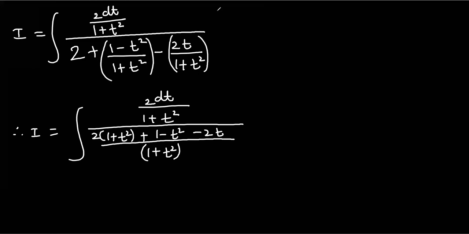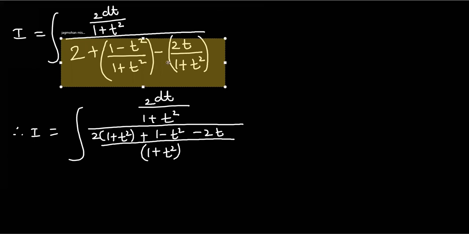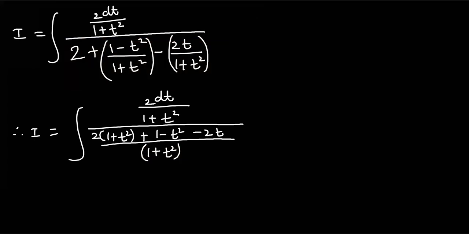The LCM is 1 plus t square because the denominator of 2 is 1 and the other two have 1 plus t square in the denominator.